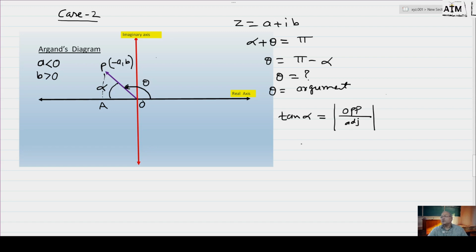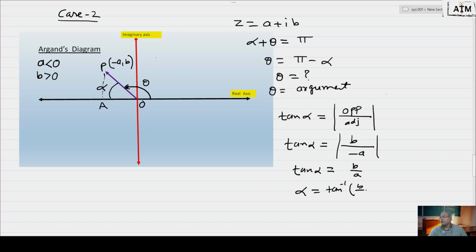Taking the modulus, opposite side is b and adjacent side is minus a. Therefore, tan alpha equals b upon a after taking the modulus, so alpha equals tan inverse of b upon a.